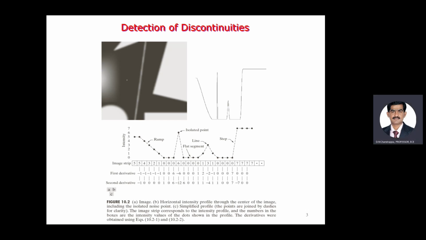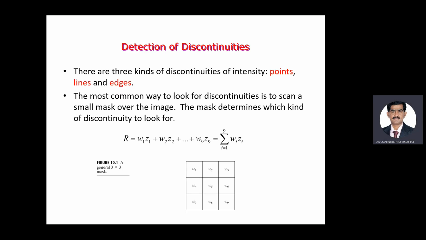Here, in detection of discontinuity, you look at some kind of diagram. What do you mean by detection of discontinuity? There are three kinds of discontinuities of intensity. Usually in image processing, we consider points, lines, and edges. The most common way to look for discontinuities is to scan a small mask over the image.